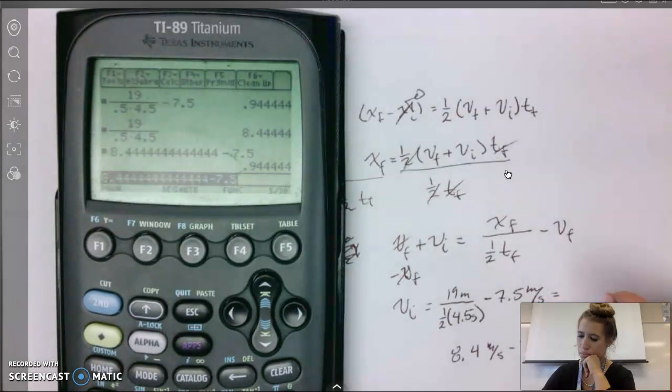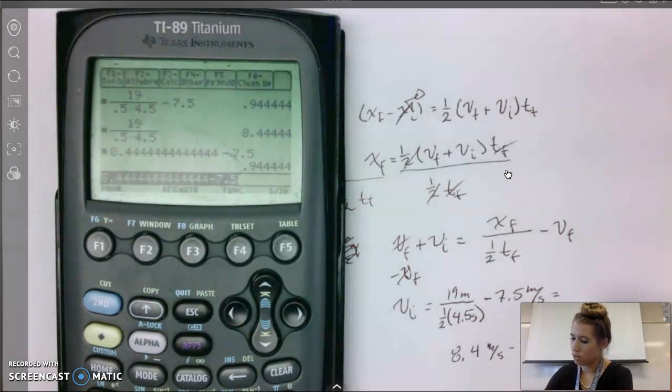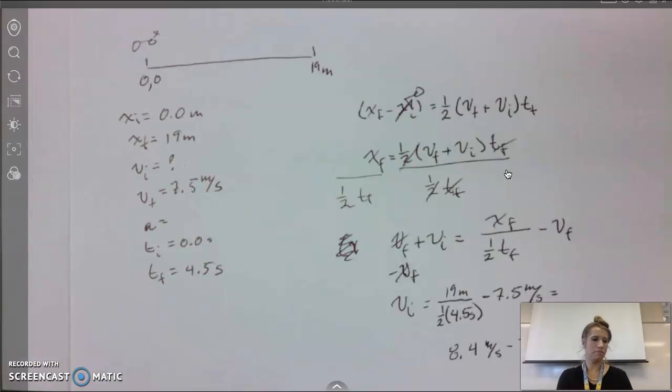And so we get 0.9 because we're subtracting values, so it's digits after the decimal place. So we have 1 digit after the decimal place, 1 digit after the decimal place, and so we're going to end with 1 digit after the decimal place, so 0.9 meters per second. That was our initial velocity.